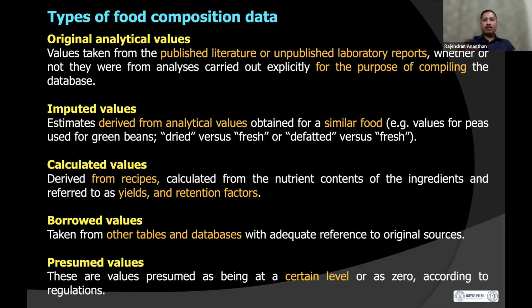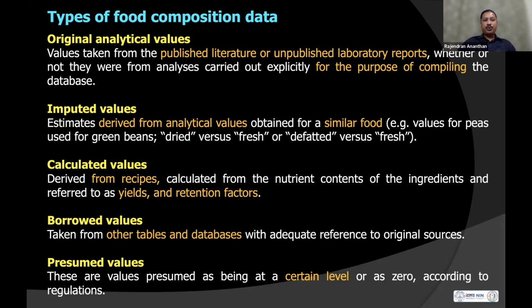We can compile all these published data, which are originally analytical data. Most databases, including USDA, the Denmark database and the Canada database, have been compiled from such published data.